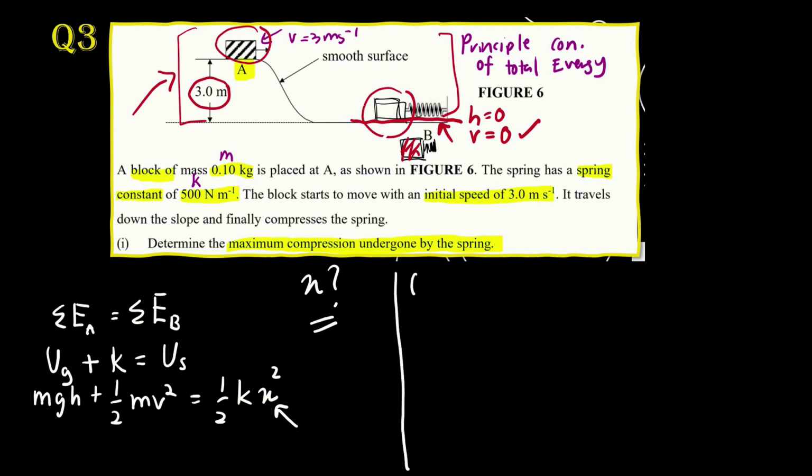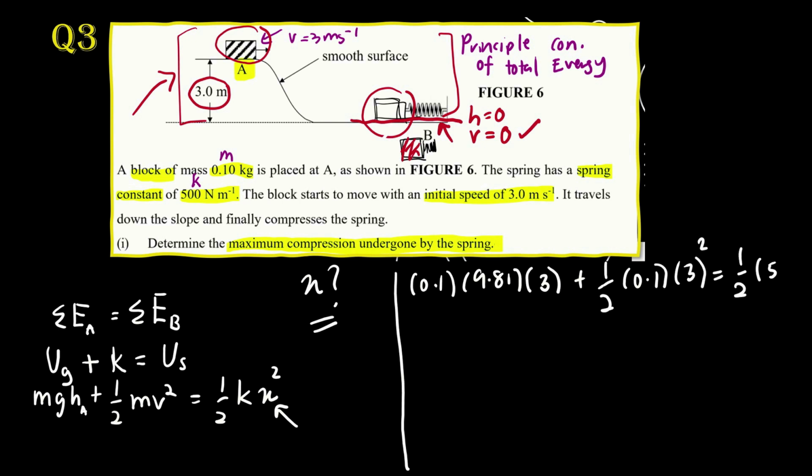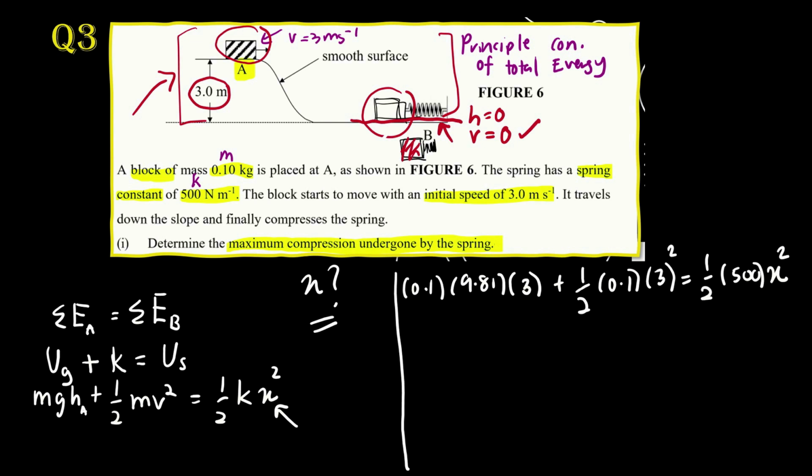We have mass 0.1, 9.81, height at point A, HA, is 3 meter, plus half, 0.1, 3 squared, equal to half, our K is 500, s squared. So pressing your calculator, finally it will give us our s, the maximum compression, which is 0.116 meter.